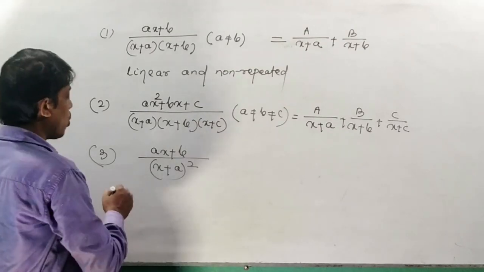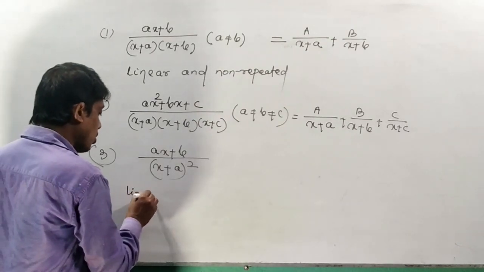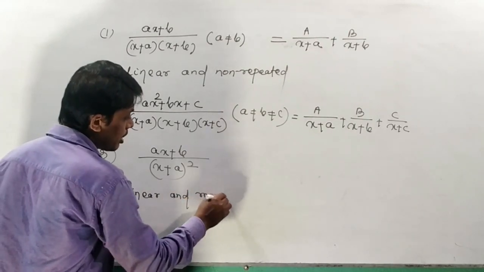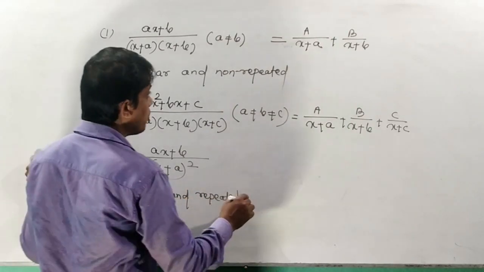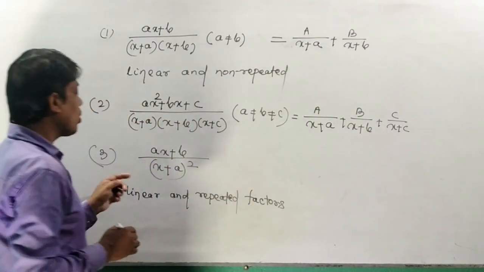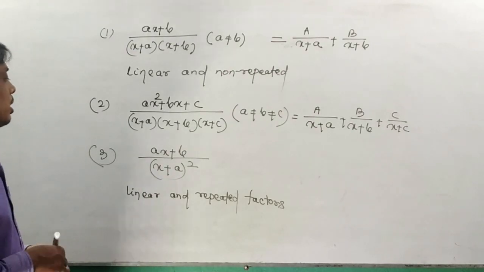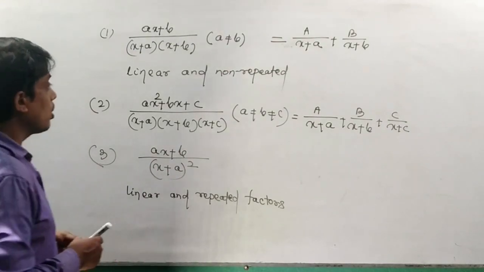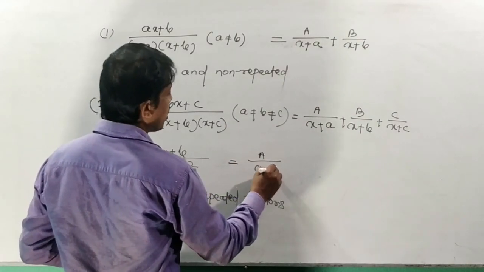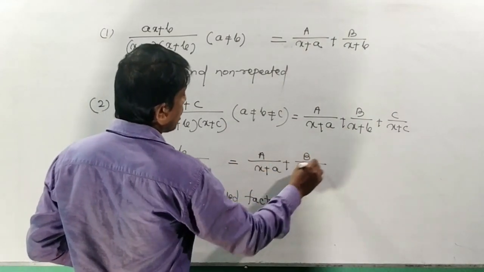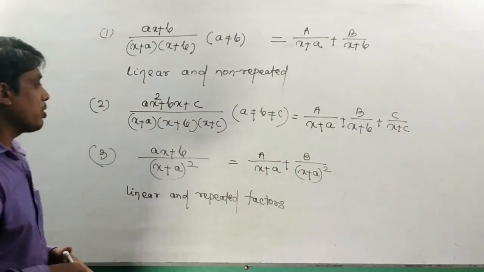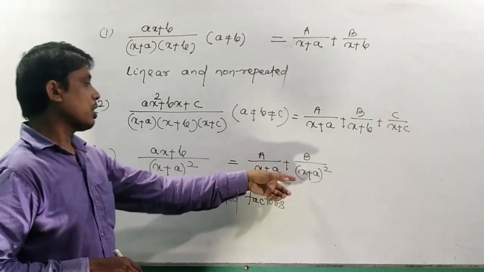This case is called the linear and repeated case. If the denominator has linear and repeated factors, then we have to take this as a by x plus a plus b by the square of x plus a. First x plus a, then the square of x plus a.